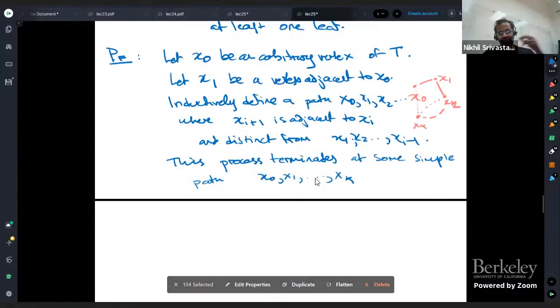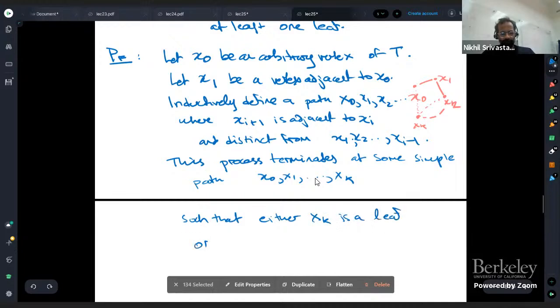Either xk is a leaf, that's why I couldn't continue, or I got stuck for a different reason: xk is adjacent only to previously visited vertices in the path.